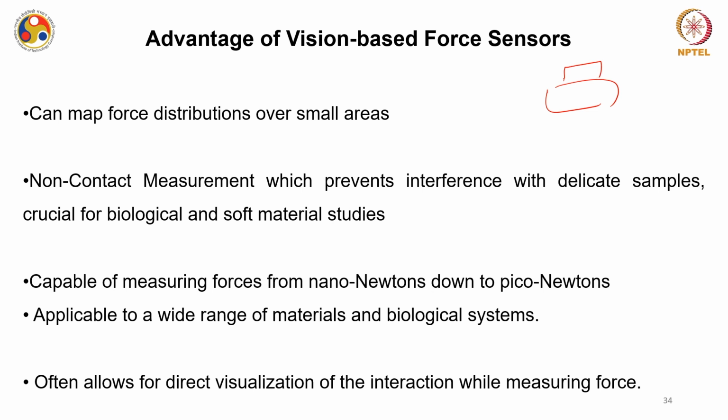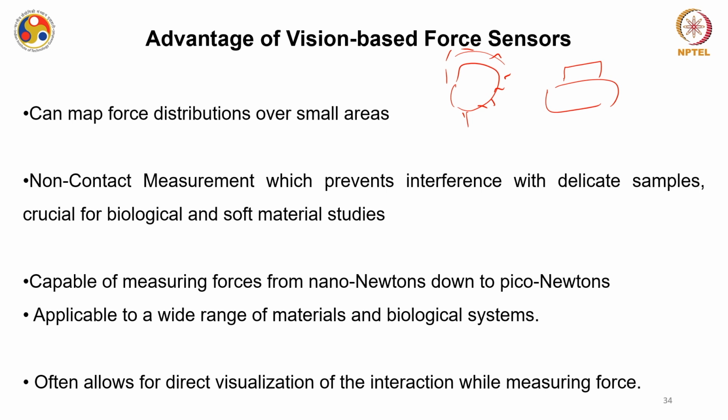But in this case, if you have this kind of object and force is being exerted in all the area, and you don't know where the deformation is coming from, the distribution of the force in this small area can be calculated by this vision based force sensor, because it can take the complete contour in one go, because this is image based analysis.